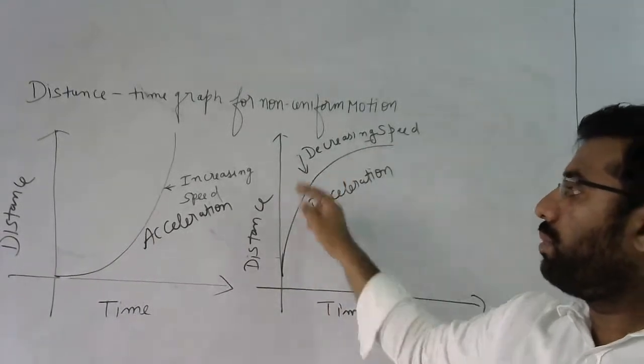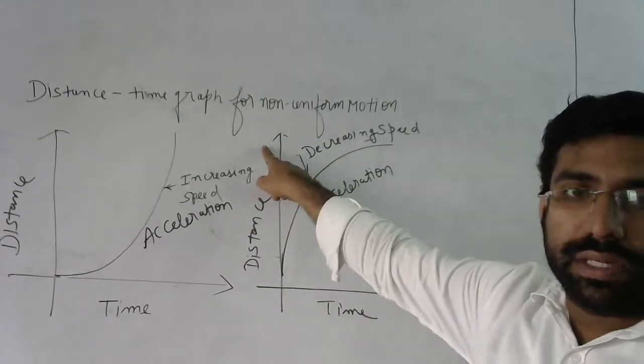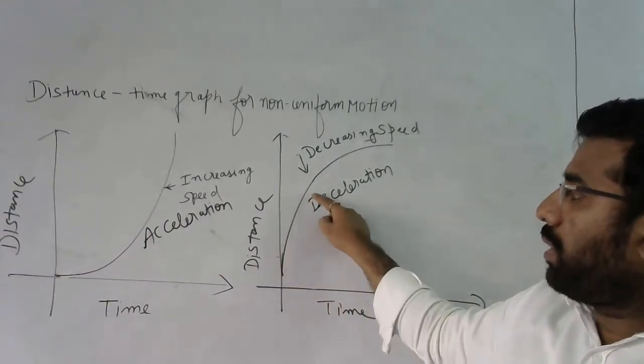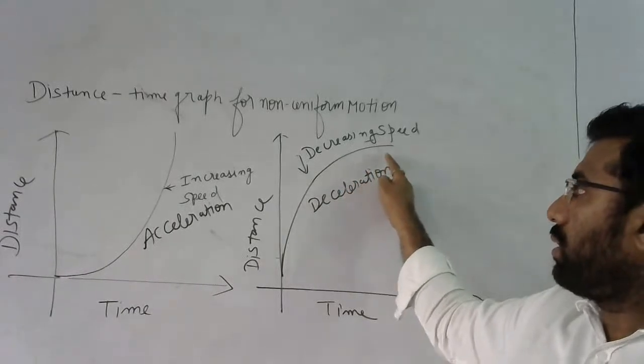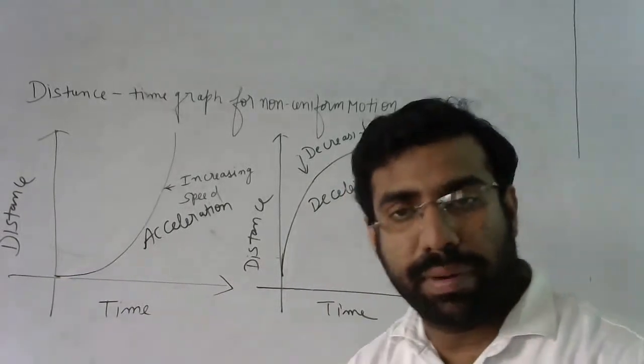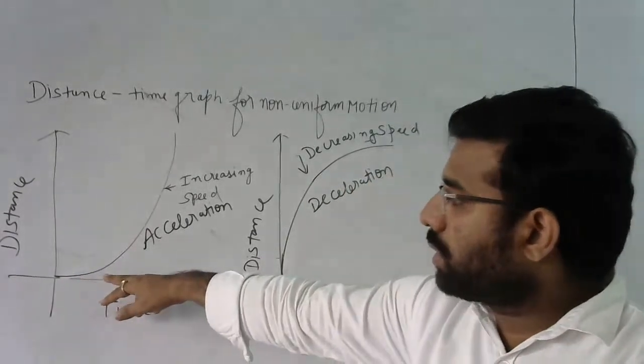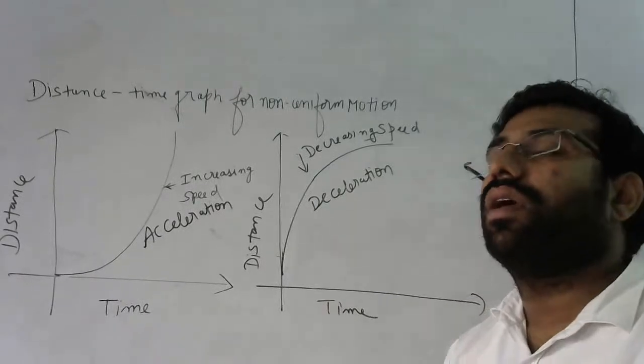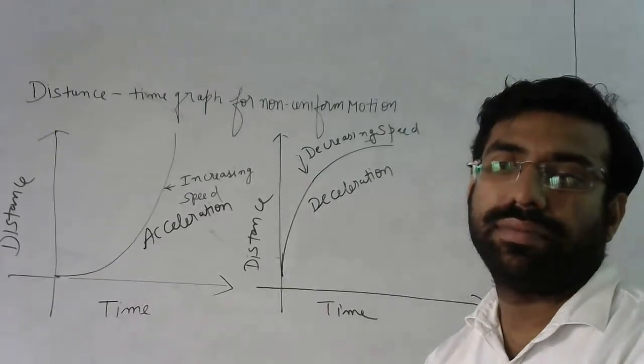Speed is increasing, but as the time is passing, the speed goes on decreasing, and finally it will become constant. In this case, you can see as the time is rising, the speed is increasing, and it may rise too much. Is it clear, Aradhya?